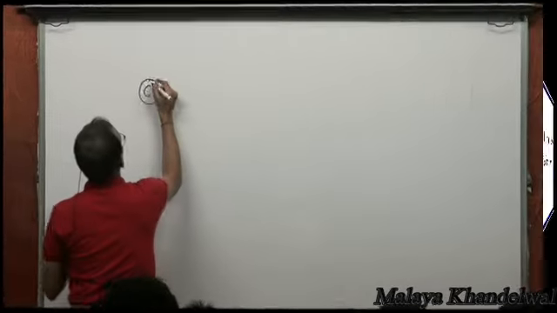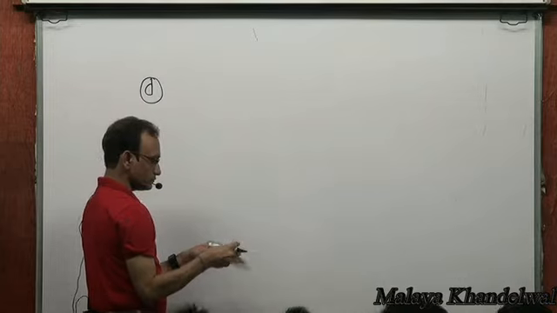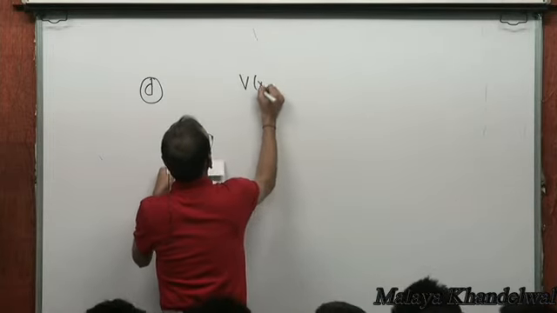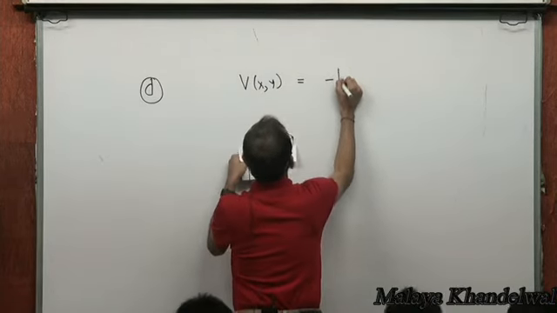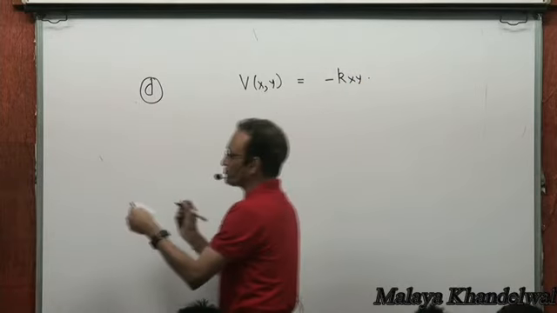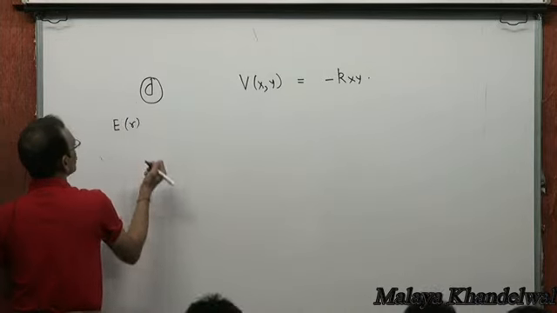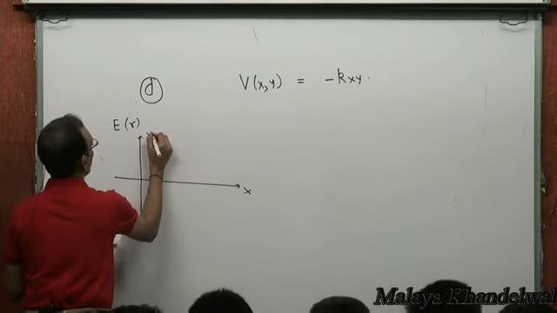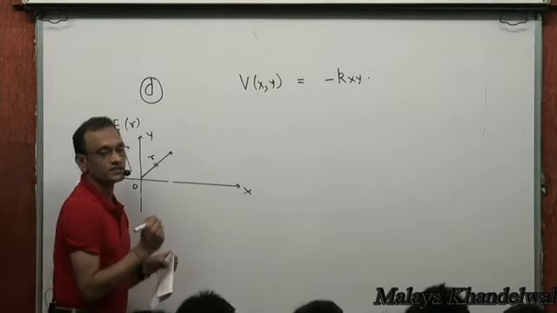Problem D. The electric potential V at any x comma y in the xy plane is given as minus some constant k times xy. The electric field intensity at a distance r from the origin, that means this is the x-axis, this is the y-axis, at a distance r from the origin, what is the intensity of the electric field?